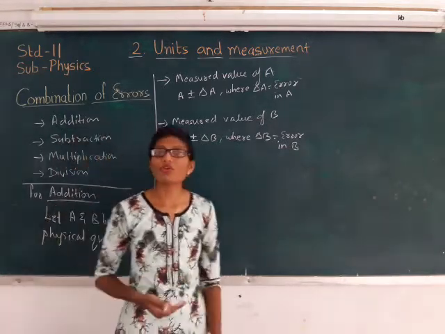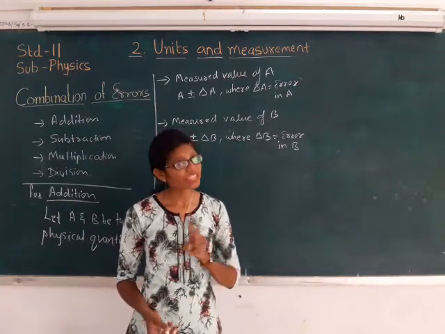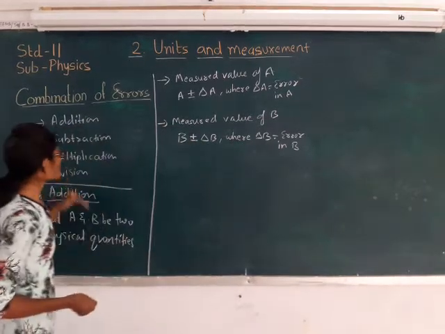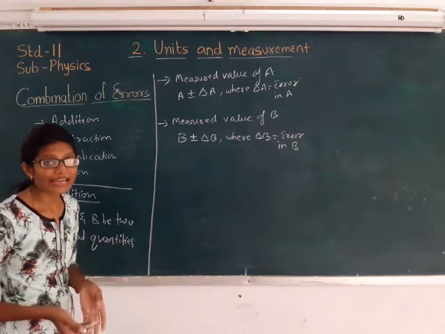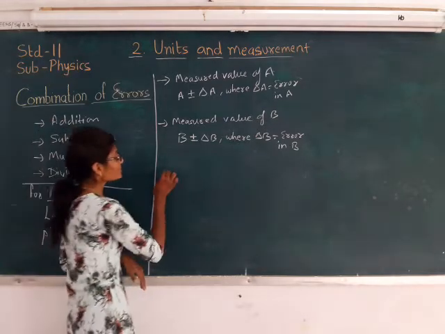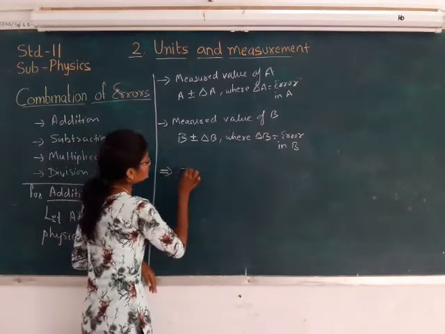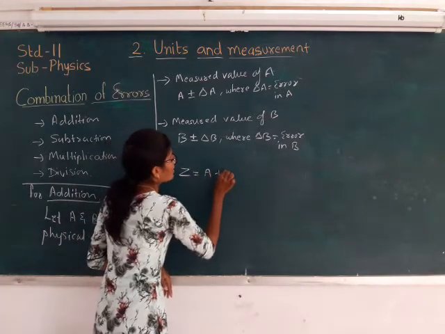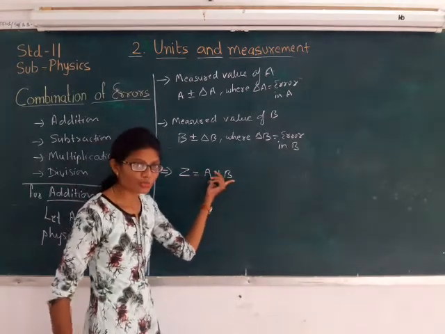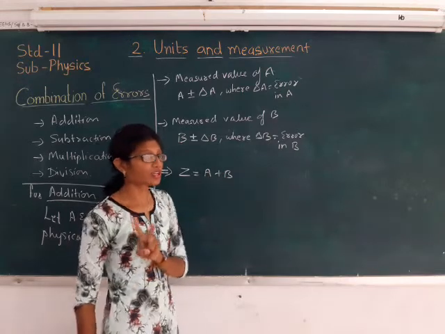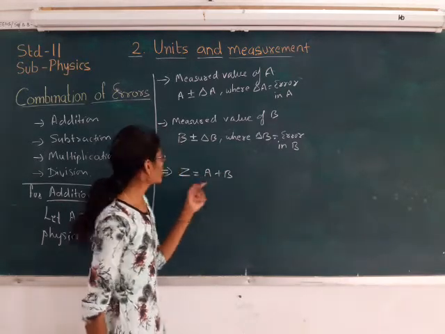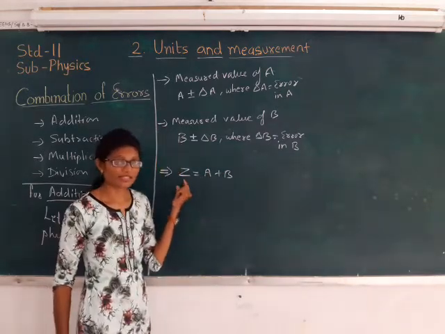Now here what we want? We want the addition of these two physical quantities, because we want to know how the error can combine in addition. So let us suppose after adding these two measured values, A and B, we are getting the result Z, right?